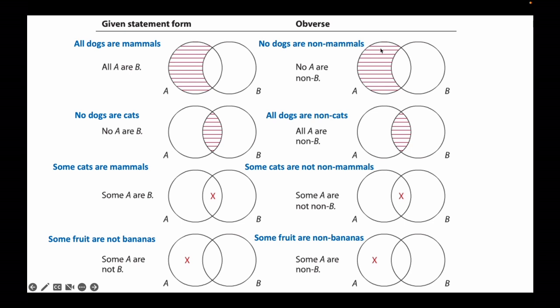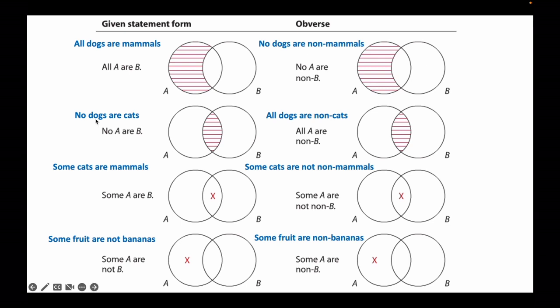And as you can see, I diagram both the original A form and the obverse form exactly the same way.